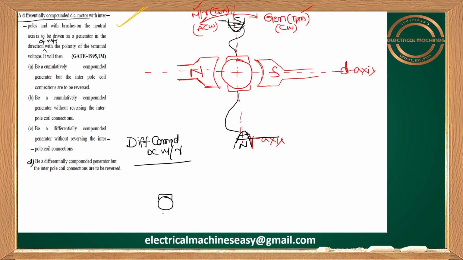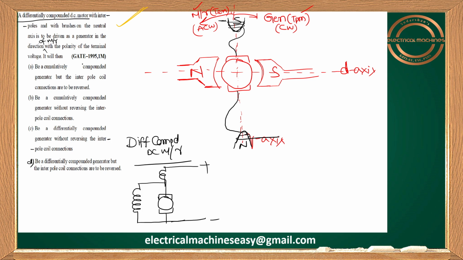Already you know in a compound machine you will have both shunt field winding and series field winding. So let me take the shunt field winding here. I took short shunt as an example; if you want you can take long shunt, nothing wrong. You know what short shunt is: the series field winding is connected in series with the supply in case of a motor.